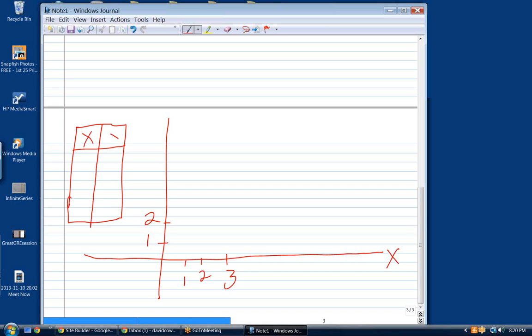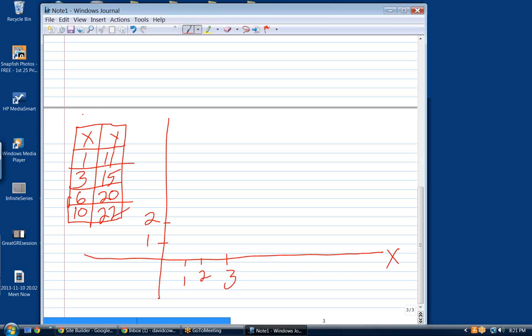Here's a table of x and y values. Find the linear regression that best fits this table.